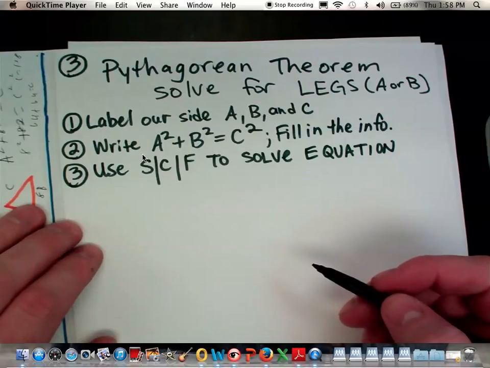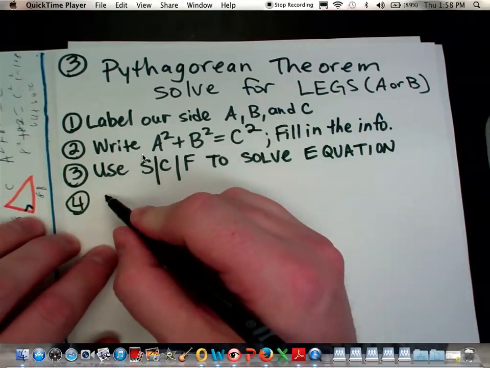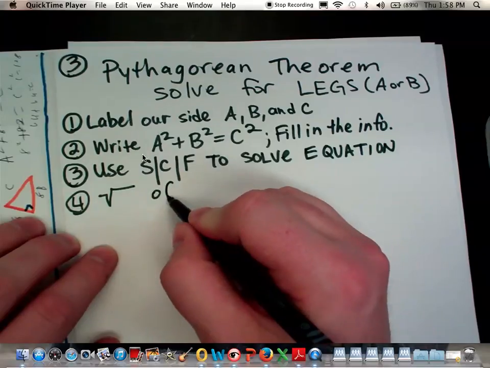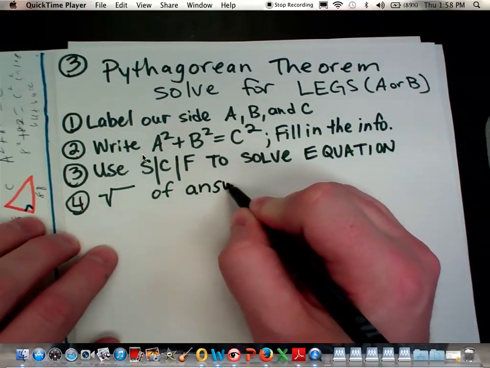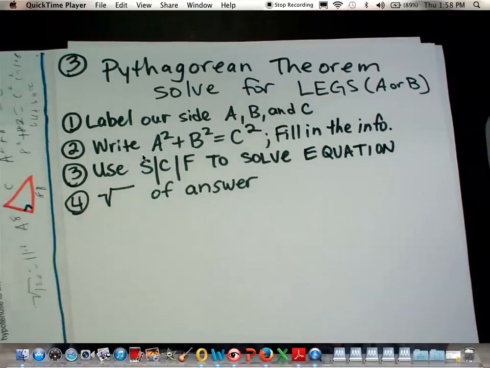Number 4, actually before we're done, use the square root of the answer. We're going to take the square root to get our answer. So it's just 4 easy steps to finally get our information.